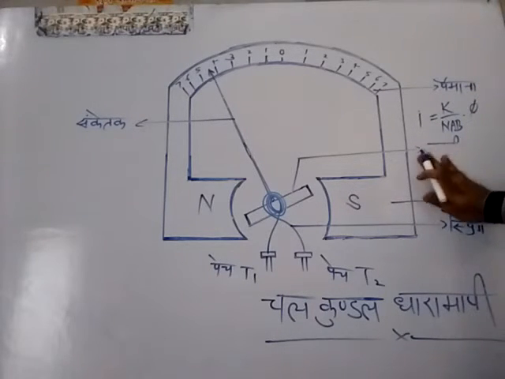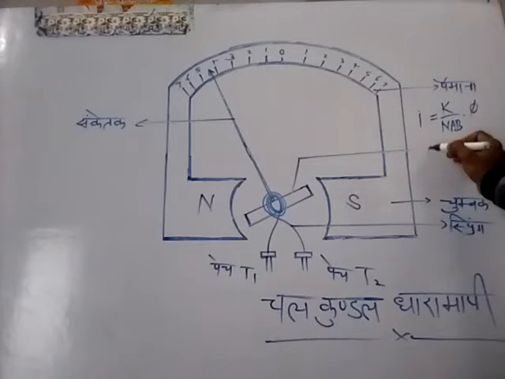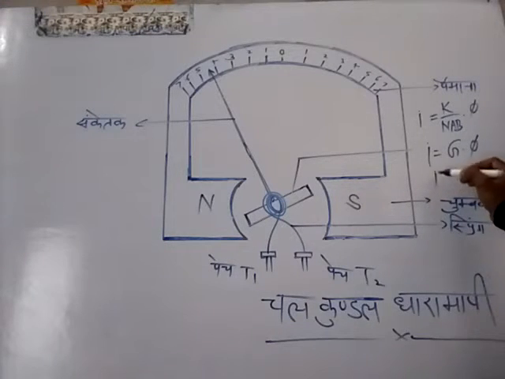So I equals G into phi. Here G is the galvanometer constant and phi is the angle of deflection of the coil. Now I is proportional to phi. So deflection in the coil is proportional to the current flowing through the coil.